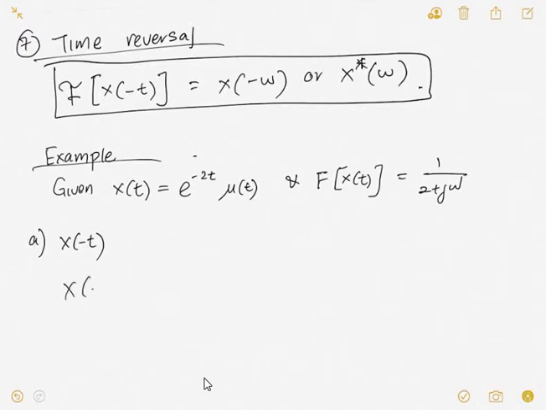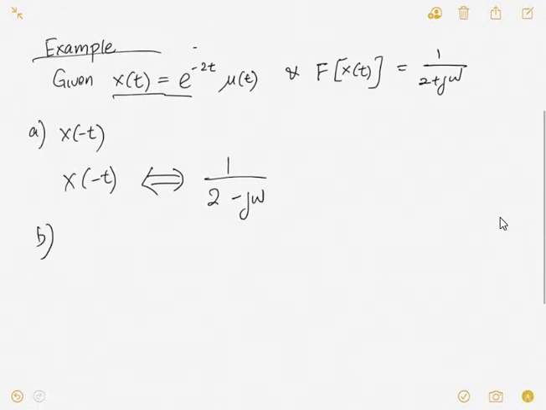So x(-t), you will get what? Negative, right? So it's minus. So your x(t) is e^(-2t) u(t), and the Fourier transform is 1 over 2 plus j omega. If negative t, it means 2 minus j omega. So you will get 1 over 2 minus j omega.